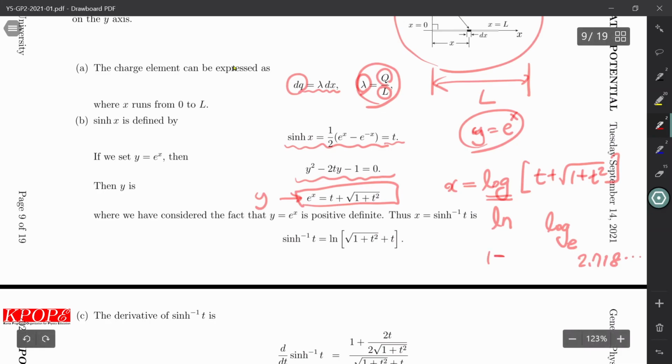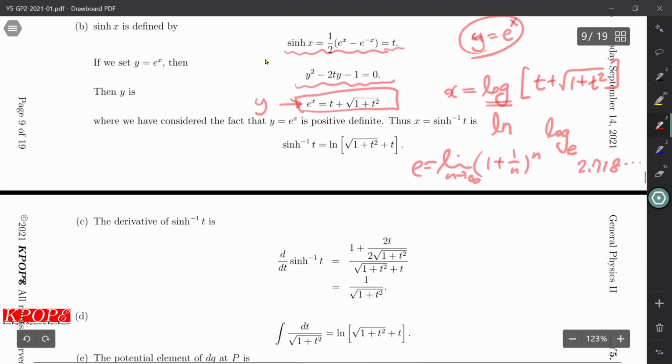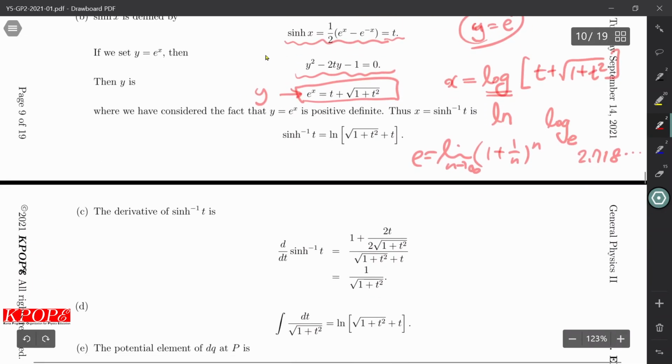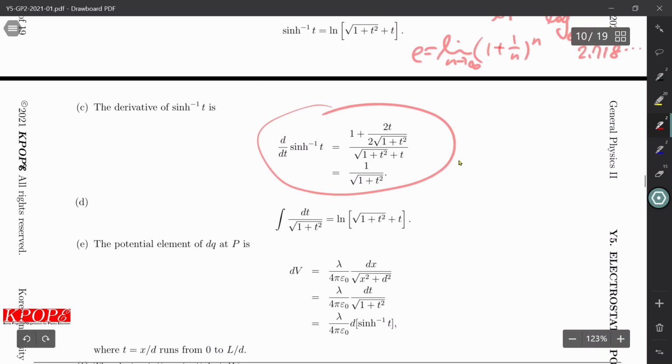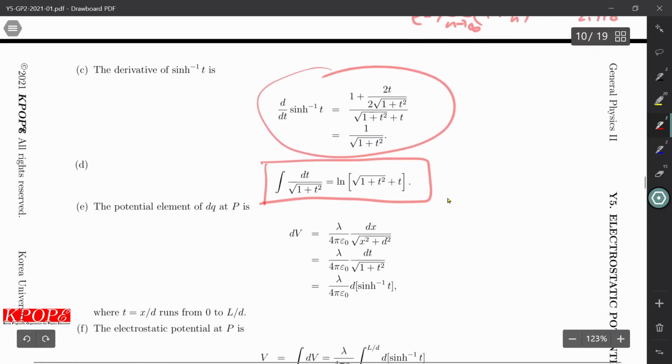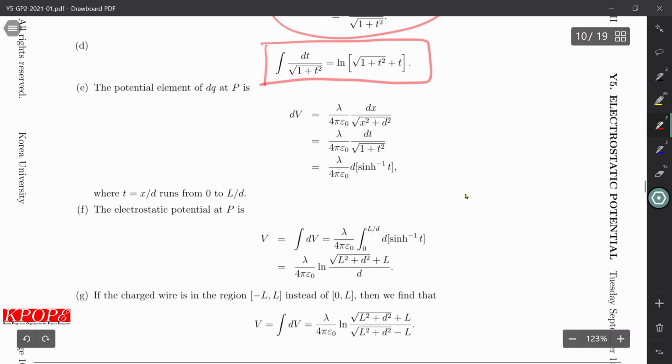You carry out some algebra to find that you can construct this kind of integral table. This is a very important integral table to evaluate the electrostatic potential.